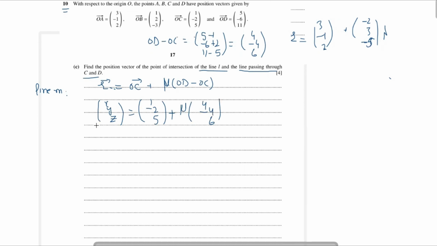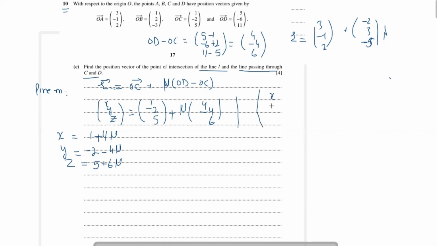And this is the equation of line M. We can write it in the parametric form. x will be equal to 1 plus 4 mu, y will be equal to minus 2 minus 4 mu, and z will be equal to 5 plus 6 mu.